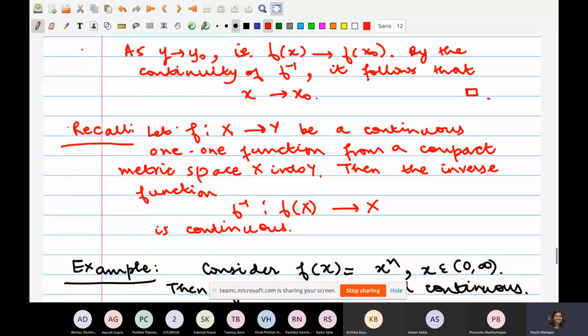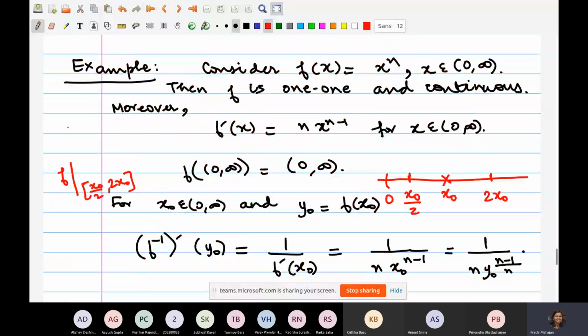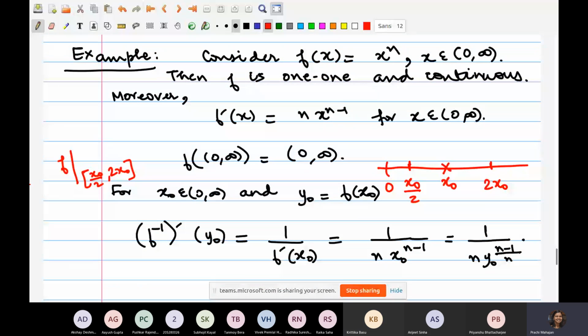Now, how do we fix it? We want to say that the inverse function is differentiable at the point x0. Instead of working with f defined on the entire interval 0 to infinity, you pick a compact set around the point x0 where f is defined. One example is that you work with the interval x0 by 2 to x0. Now this is closed and bounded, so this is a compact subset of R.